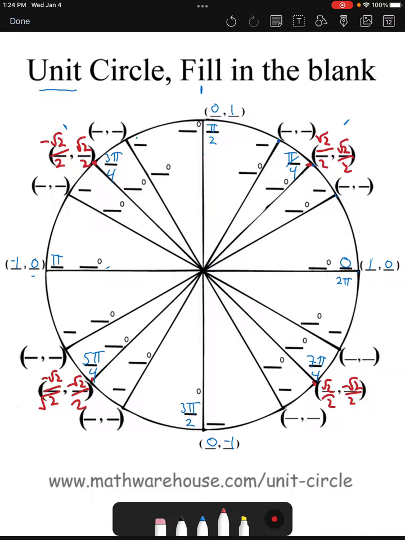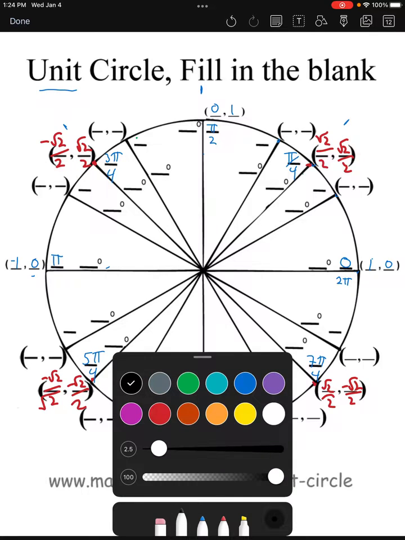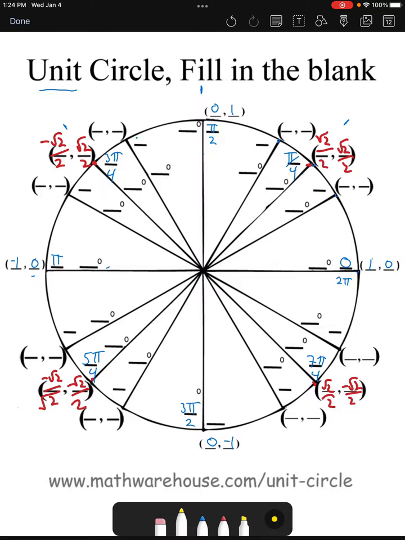Now, if you look at the last video, we talked about the 30, 60, 90 triangle, which I think now would be a good time to go ahead and throw those numbers in here. So this is 0 degrees, 30 degrees, 45, 60, 90, 120, 135, 150, 180, 225, sorry.